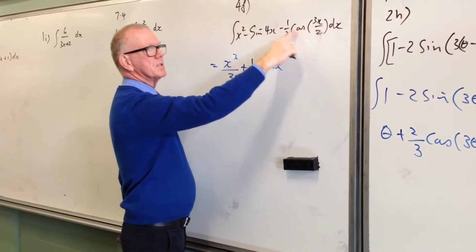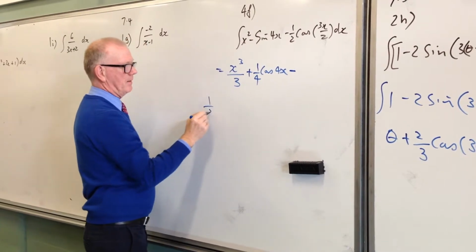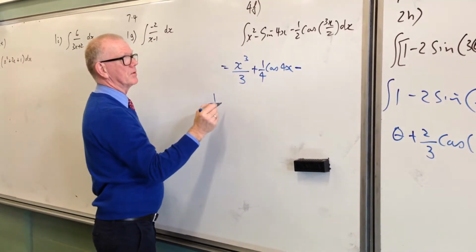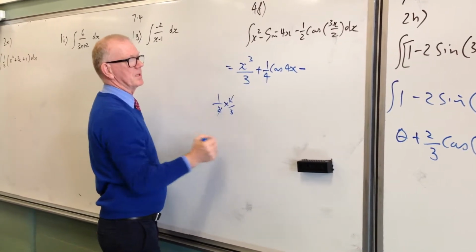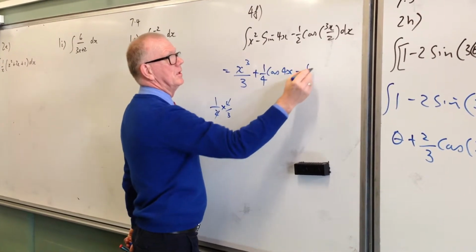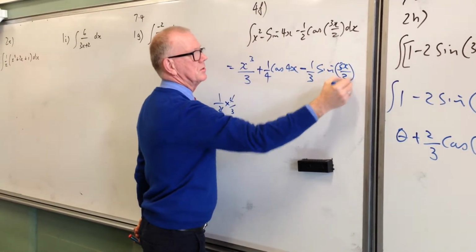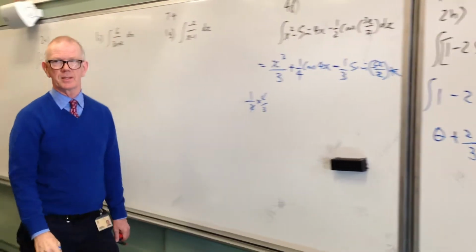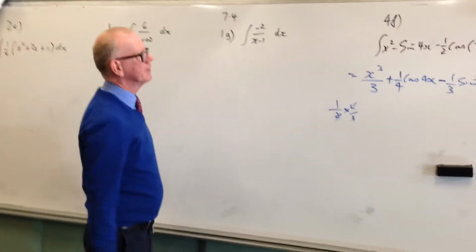The integral of cos is positive sine, so it will still be negative. I'll have a half divided by 3 on 2, which is times by 2 on 3. The 2's cancel to leave 1/3 sine of 3x on 2 plus some constant c. They're the two examples out of 7.3.